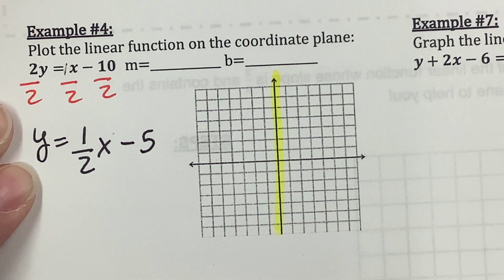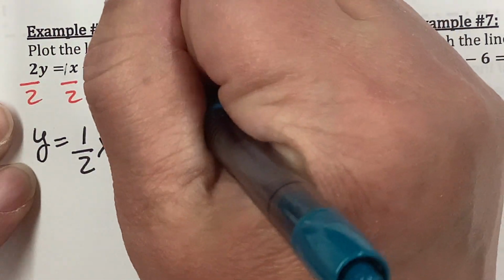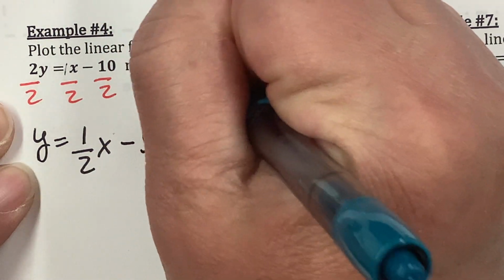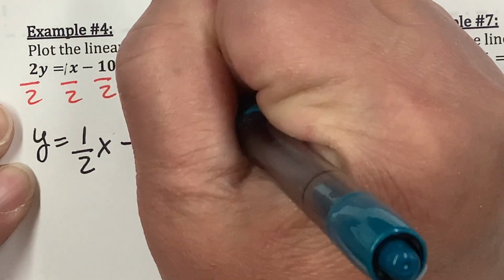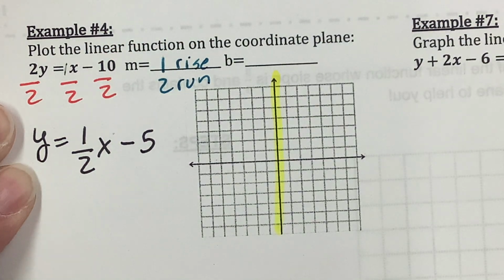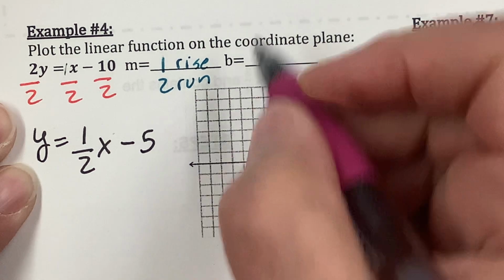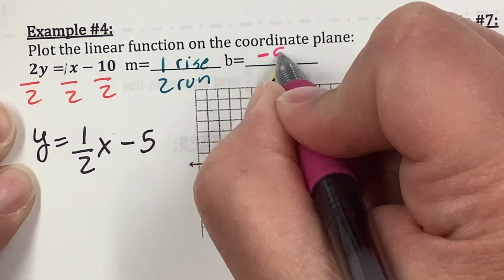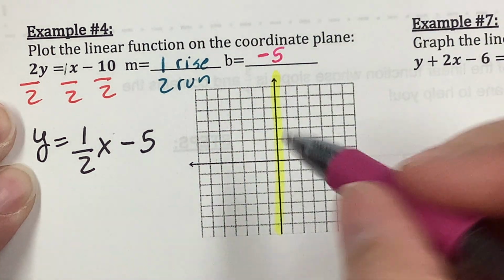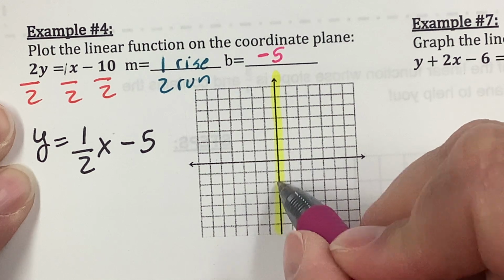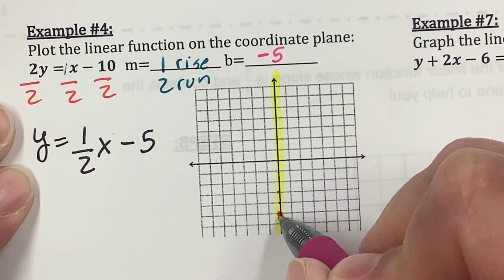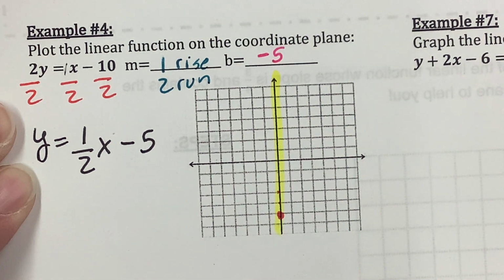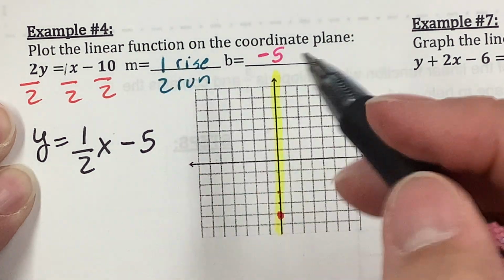So what's your slope? 1 rise, 2 run. And what's your y-intercept? -5. So I'm going to start at -5: 1, 2, 3, 4, -5. And now, rise 1, run 2.